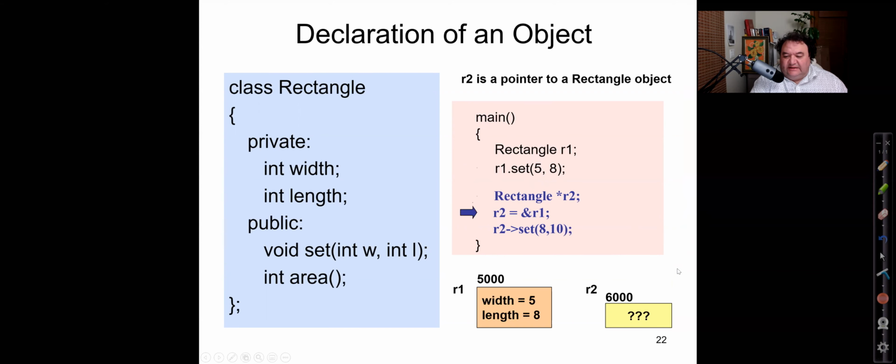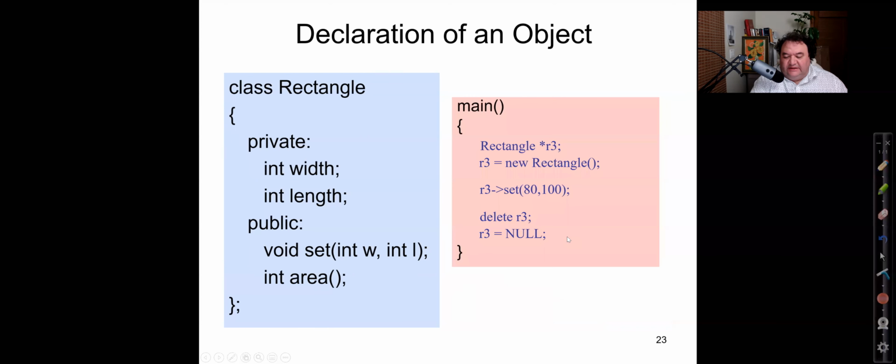Then we assign it the reference to R1, and so the value here is 5,000. It points to that object. Therefore, when we call the set function through the arrow for R1, so you see the difference between the dot notation and the arrow notation, it gets assigned the value 810.